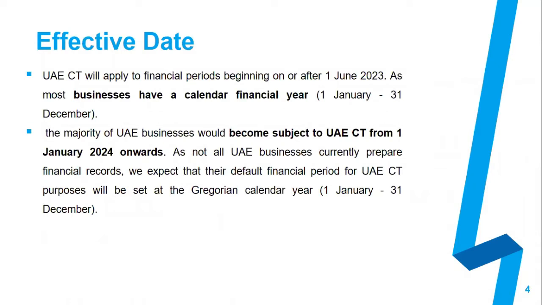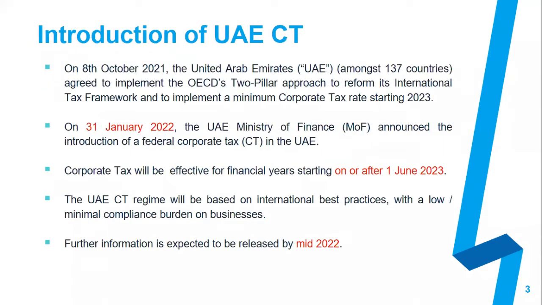As we said, the effective date will be 1st June 2023. So it's important: if your tax period starts on 1st June, it will be applicable from 1st June 2023 onward.